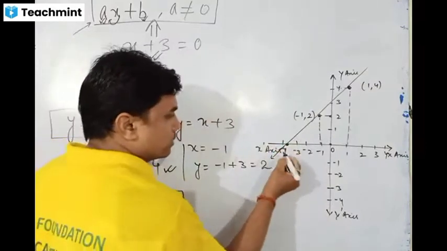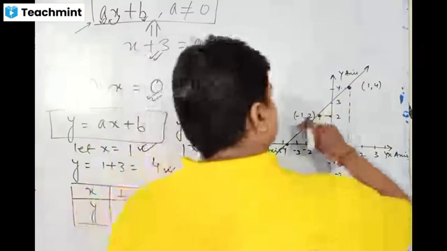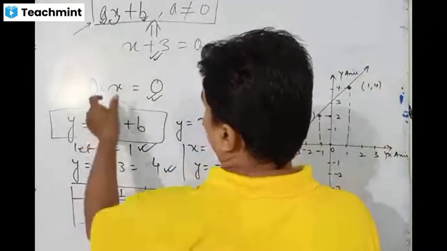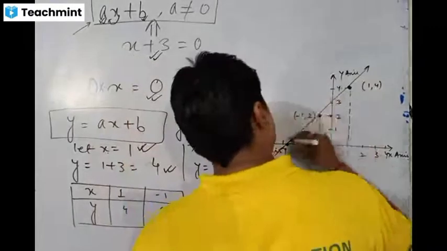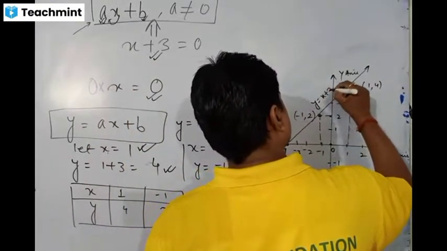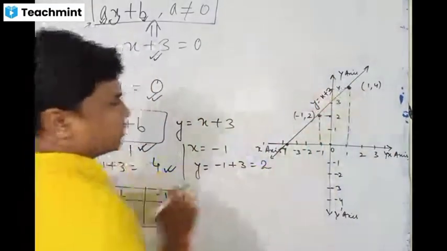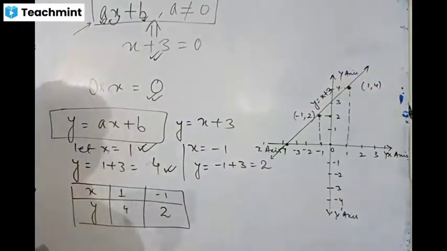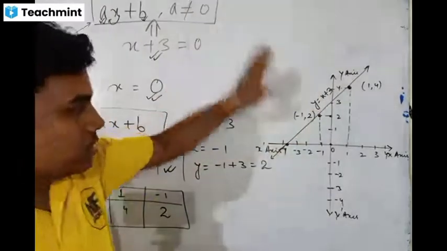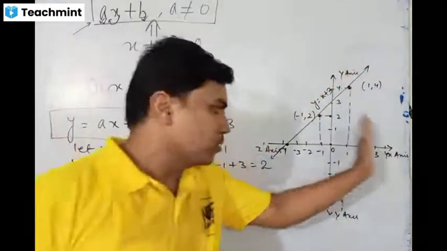And this point will be called the zero of this variable, given y is equal to x plus 3. It will be written as y is equal to x plus 3, because the value of y can only be easily found when it is marked on the x axis.